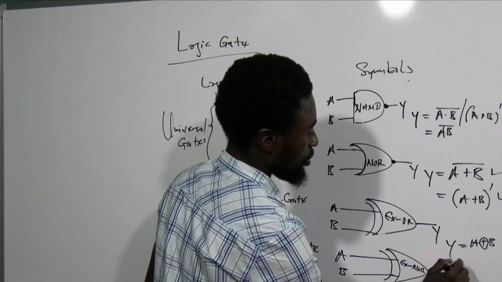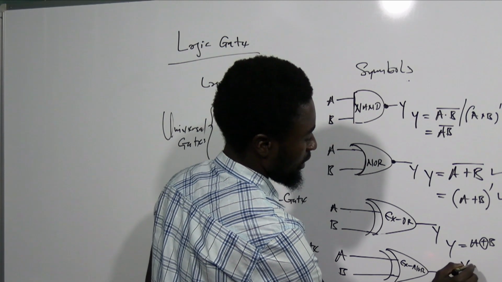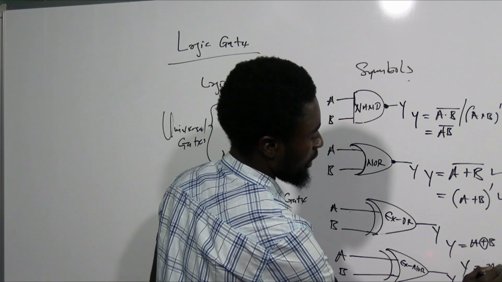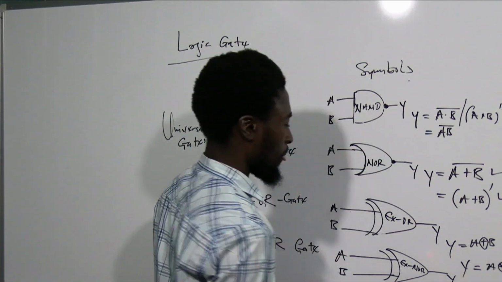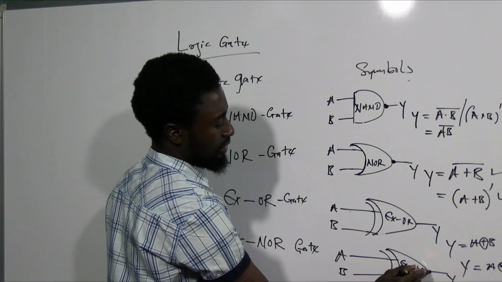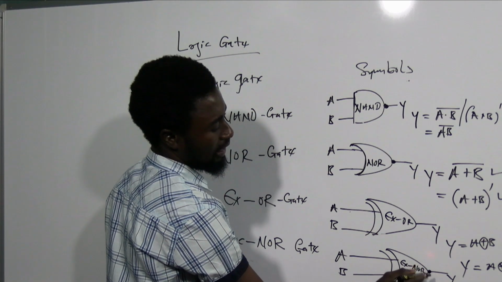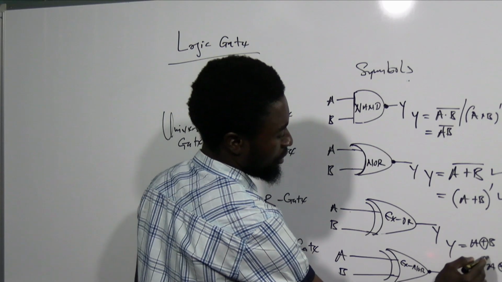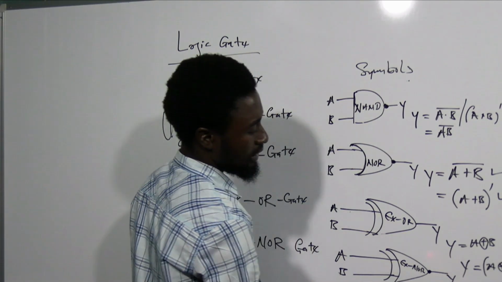So we have Y equal to A exclusive-OR B. But if we are now taking the complement of that, having this symbol this way, this sign here, you either put it in brackets and take the complement, or write it that way.